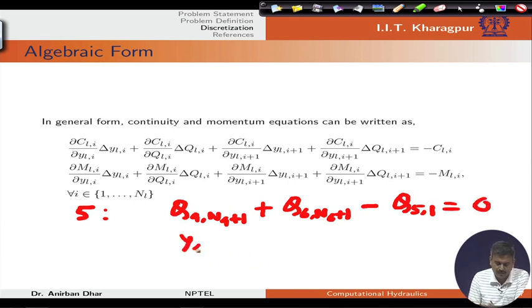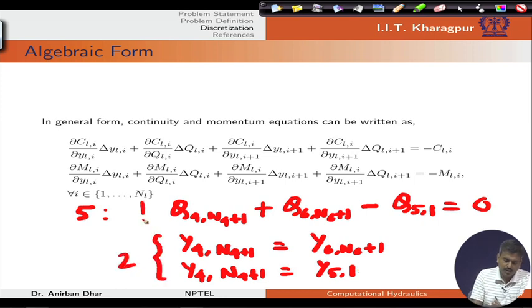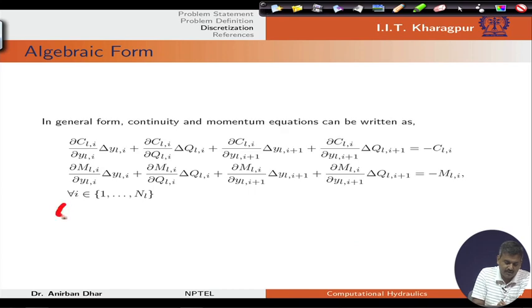So, y4 N4 plus 1 should be equal to y6 N6 plus 1, and y4 N4 plus 1 equals y5 1. So, two depth conditions and one discharge condition again, and the last junction, that is 6.